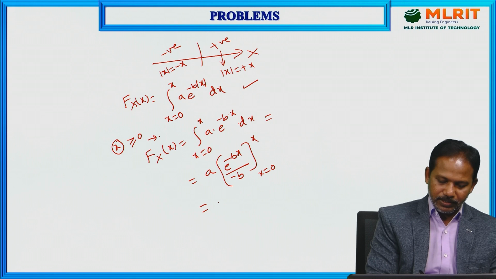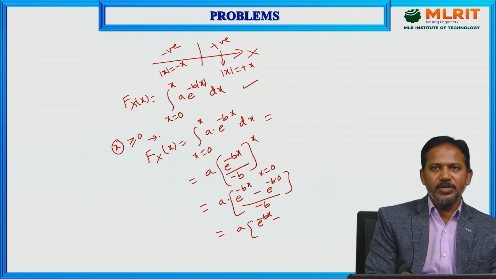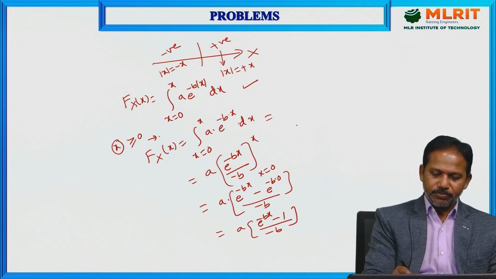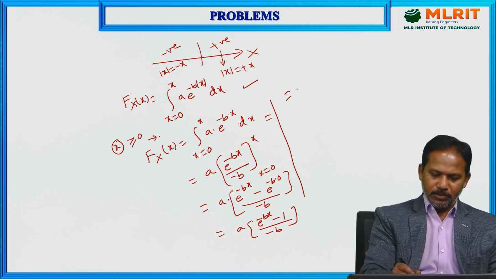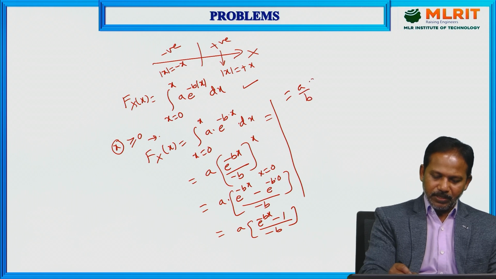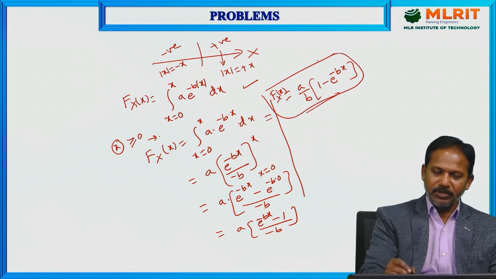So we can write a into e power minus bx minus e power minus b into 0, divided by minus b, that is a into e power minus bx minus e power 0 means 1, by minus b, that also equals a by b into 1 minus e power minus bx. This is my probability distribution function for the given one.